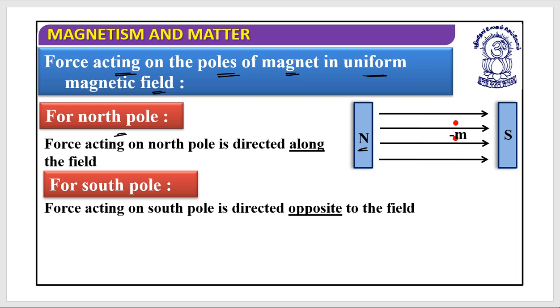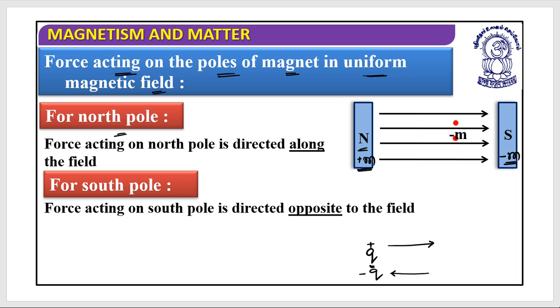For the North Pole, by convention, we consider it a positive monopole, and the South Pole a negative pole. Following the convention from electric charges, for a plus q charge the electric field is directed radially outward, while for a negative charge the electric field is radially inward.